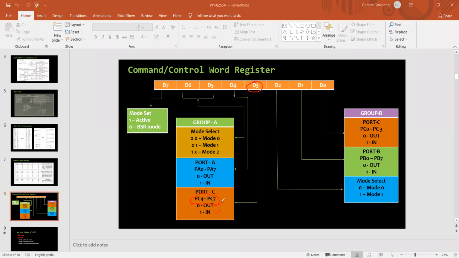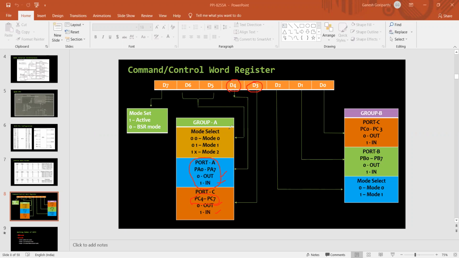If the value is 1, then it acts as the input port. Similarly, port A operation in group A will be controlled by the D4 bit. Based on the value of D4 bit, when it is 0, it acts as the output port. When it is 1, it acts as the input port.